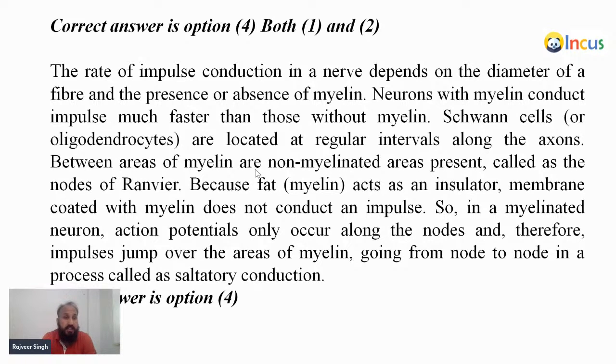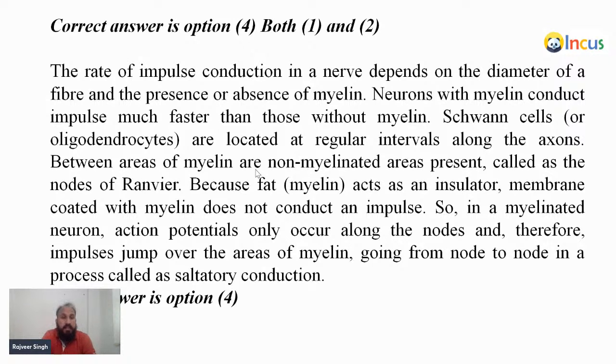Neurons with myelin conduct impulses much faster than those without myelin. Schwann cells or oligodendrocytes are located at regular intervals along the axon. Between areas of myelin are non-myelinated areas called the nodes of Ranvier. Because fat, myelin acts as an insulator, a membrane coated with myelin does not conduct an impulse.